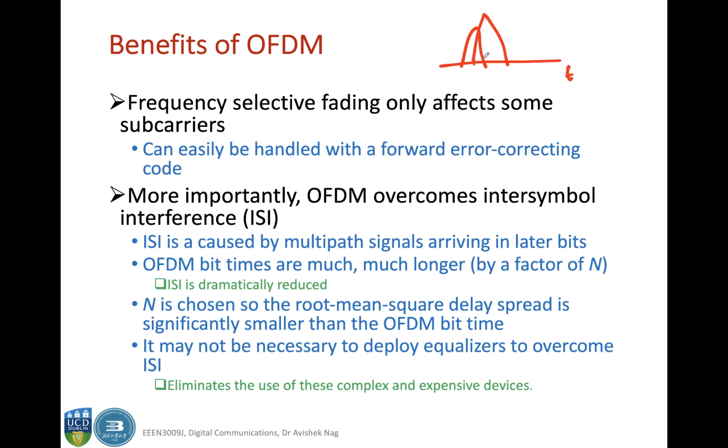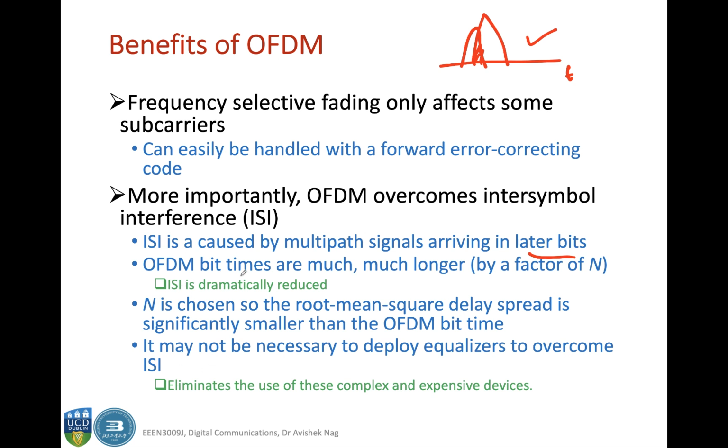This is inter-symbol interference, because of another multipath falling over this, because of the random delay that is occurring. So ISI is caused by multipath signals arriving in later bits, just like this.